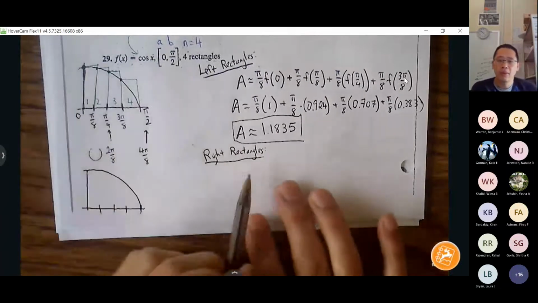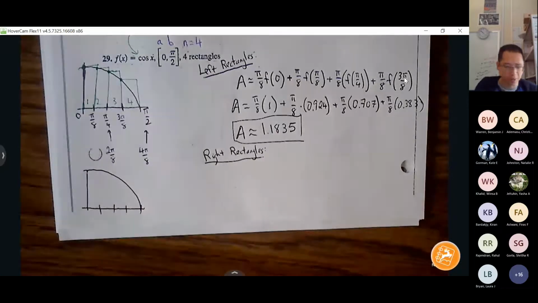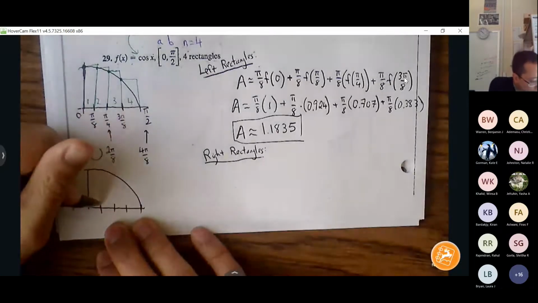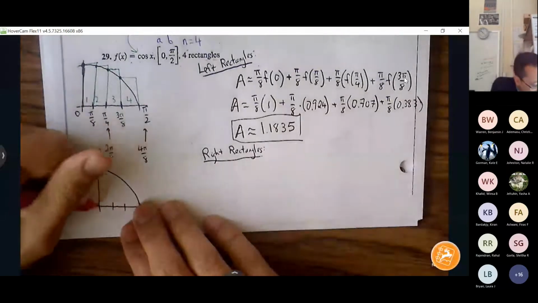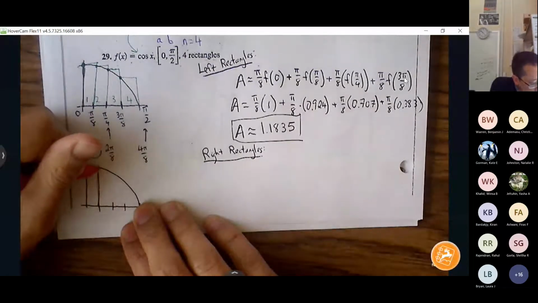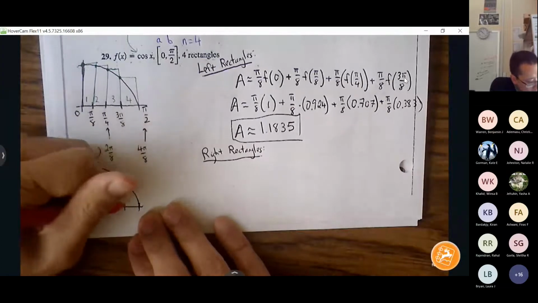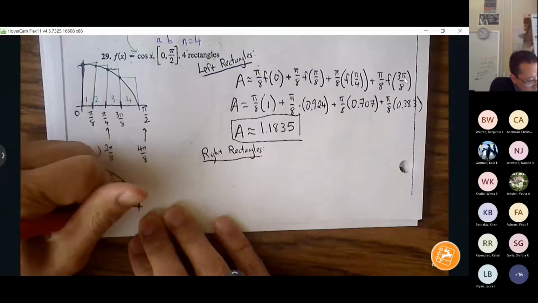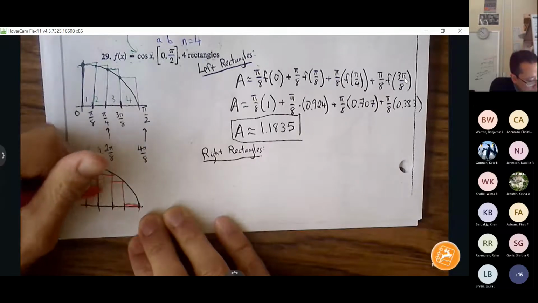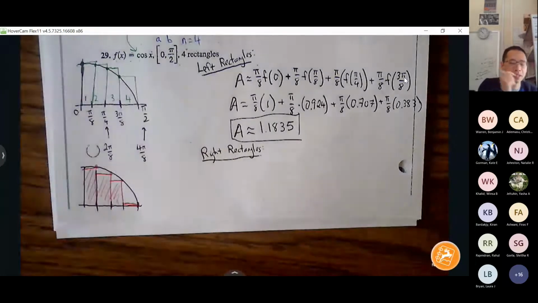Okay, but now instead of choosing the left endpoint, we're going to choose the right endpoint. So for each subinterval, we're going to attach the right endpoint to the curve and let that guide the height of each rectangle.